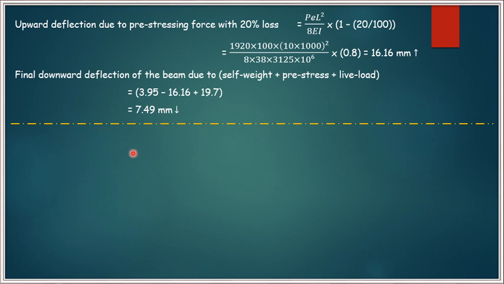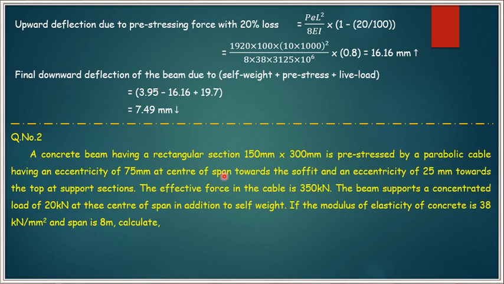Moving to the second problem of deflection of pre-stress. Question number 2. A concrete beam having a rectangular section 150 mm by 300 mm is pre-stressed by a parabolic cable having an eccentricity of 75 mm at center of span towards the soffit and an eccentricity of 25 mm towards the top at support sections.